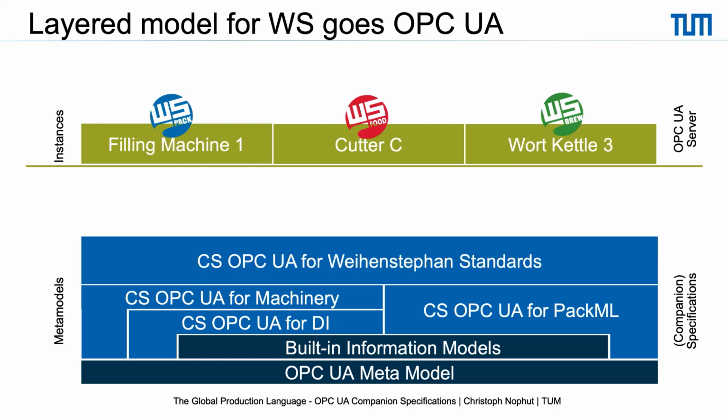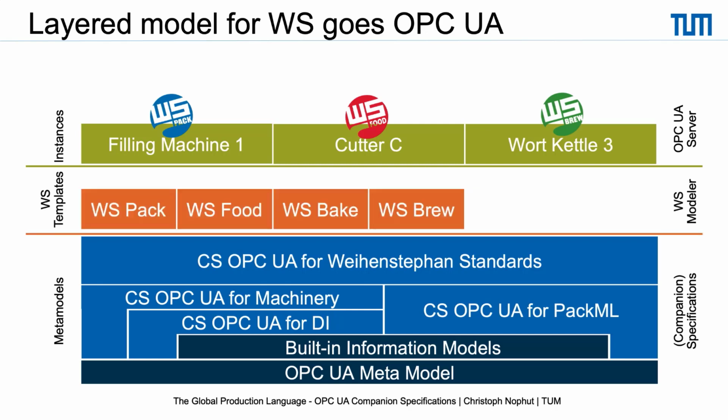So on top of this lies our companion specification. Our companion specification only defines data types and the way to structure our machines. The gap between the companion specification and our server instances we are closing by so-called WS templates.